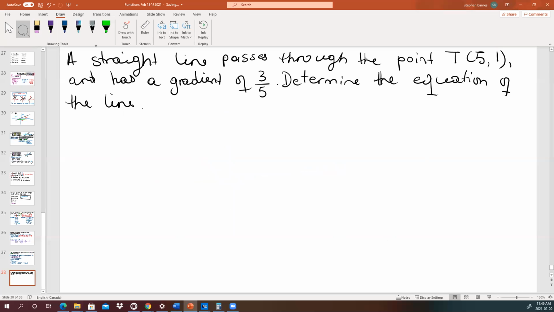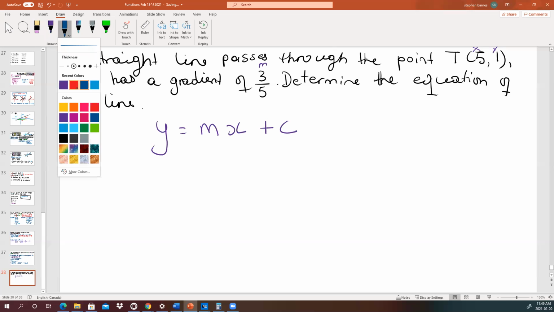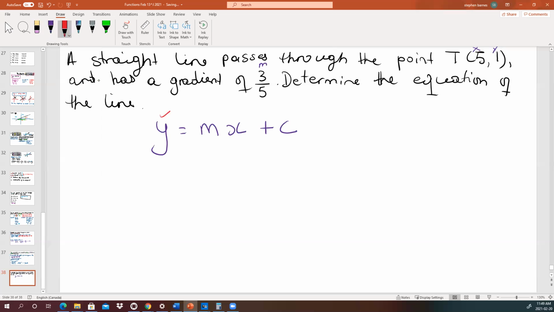Let's start with the information that we do have. We have an x value and we have a y value. So this is our x value here, and this is our y value. And we have a gradient here, which is m. So if we're looking at the equation of the line, which is y equals mx plus c, we see that we already have a y value, right?